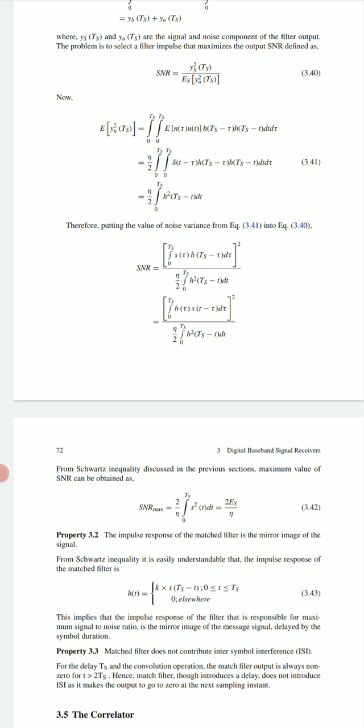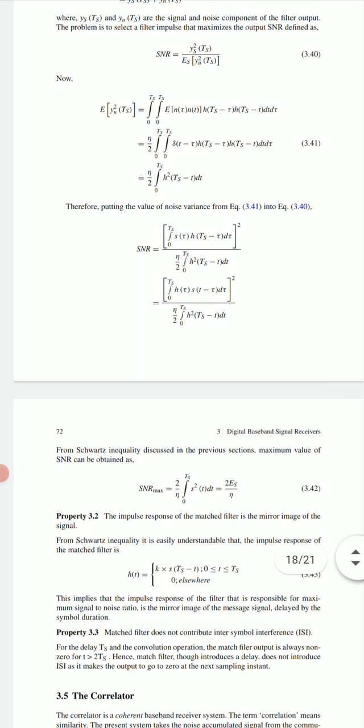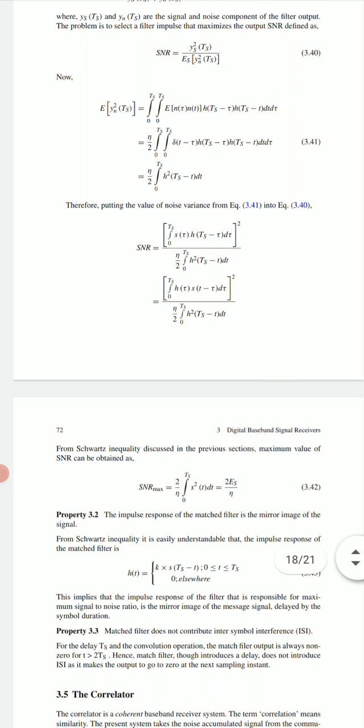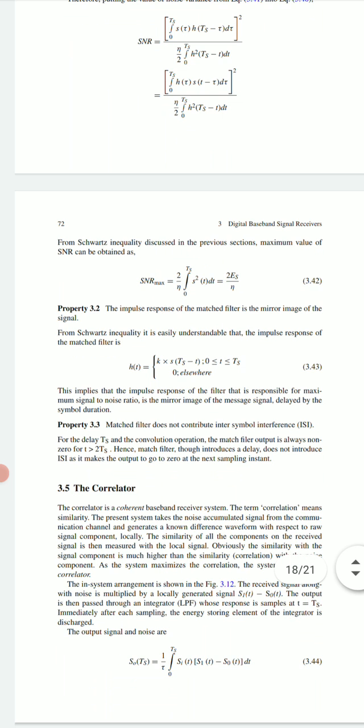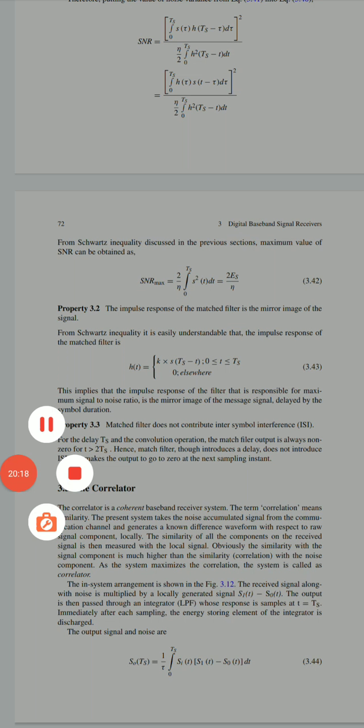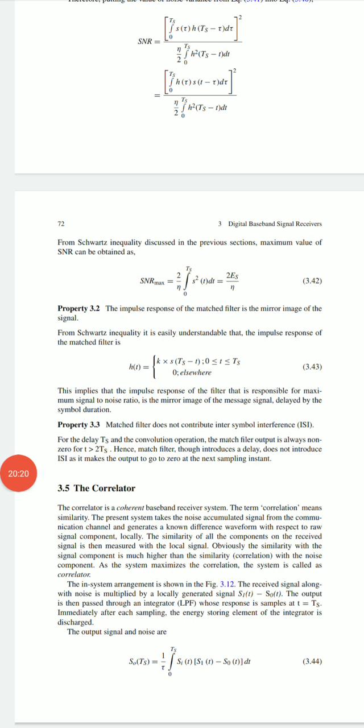The output signal to noise ratio of the matched filter depends only on the ratio of signal energy to the power spectral density of white noise at the filter input. These are the properties of the matched filter which we use when we want to improve signal to noise ratio.